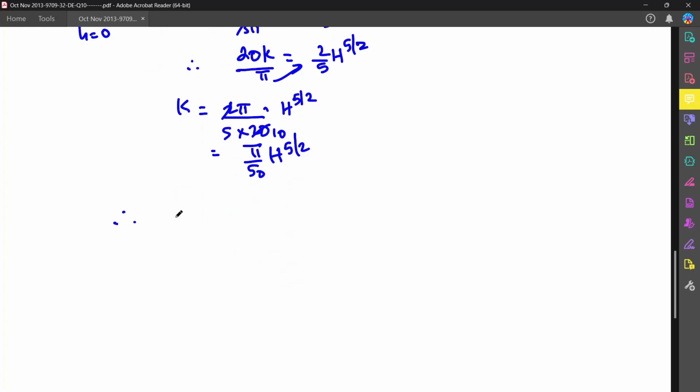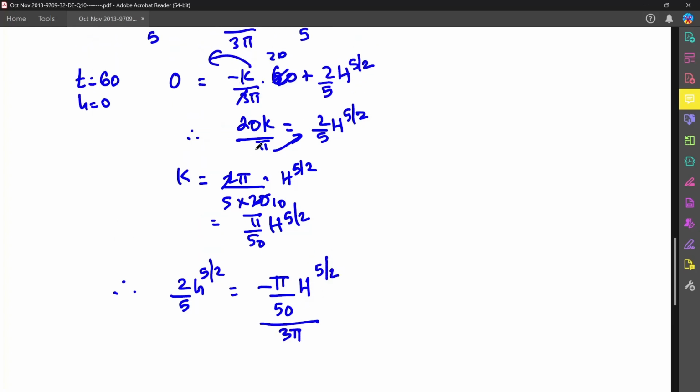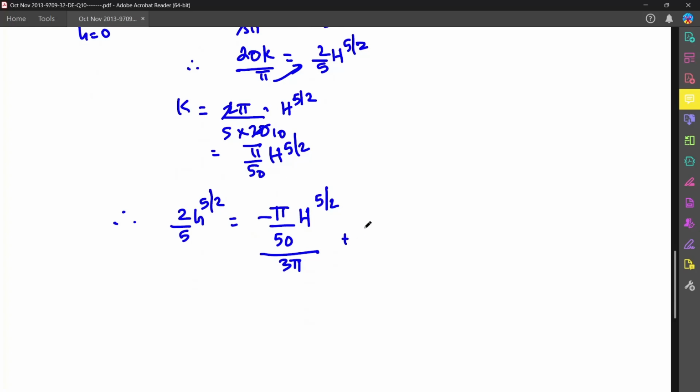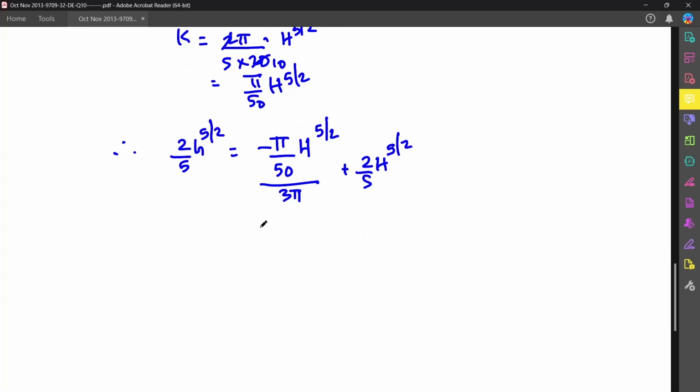Therefore, our final equation is 2/5 of h to the power 5 by 2 equal to minus k by 3 pi t plus 2/5 of capital H to the power 5 by 2, where now k is pi by 50 capital H to the power 5 by 2.